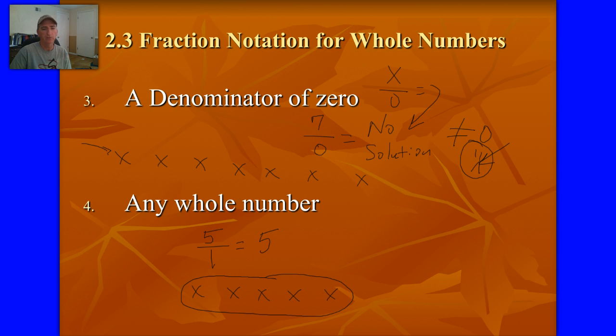You have that number. You have one group of 5. Therefore, it's 5. So if you do that to any number, x divided by 1 is equal to x, and that will work with any value there, including 0. So anytime you have a whole number divided by 1, the answer is whatever that numerator number is right there.